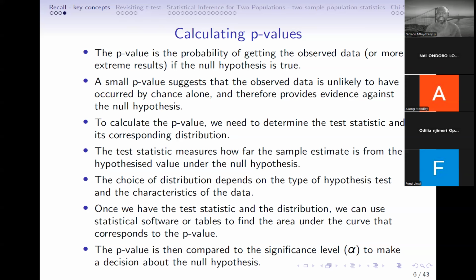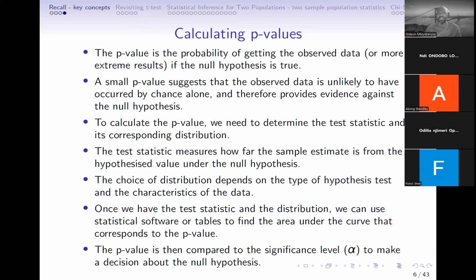The test statistic measures how far the sample estimate is from the hypothesis value under the null hypothesis. Using the test statistic with the distribution, we calculate the approximate value of that quantity that we want to compare with the corresponding p-value for that distribution.